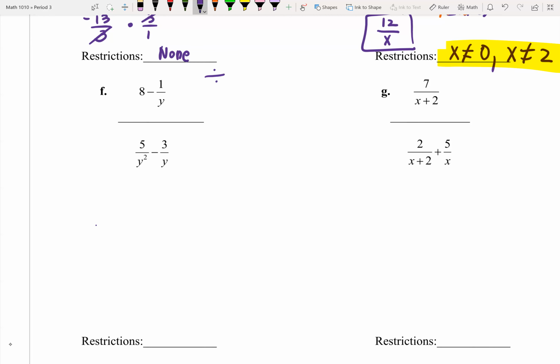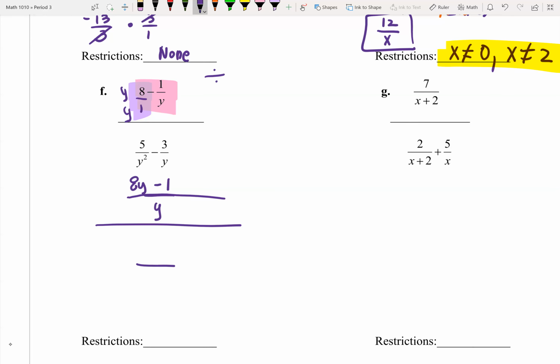So we can communicate. Okay, there's your fraction bar. Here's your fraction. Common denominator on the top is a y. This first guy, which is the 8 over 1, doesn't have the y. So 1 times y is y. 8 times y is 8y. The second guy has the y, so it's minus 1.